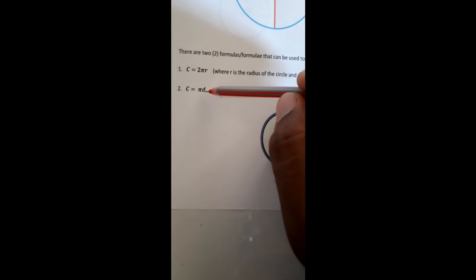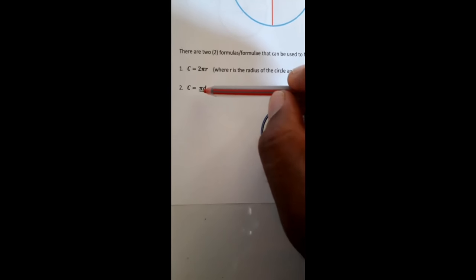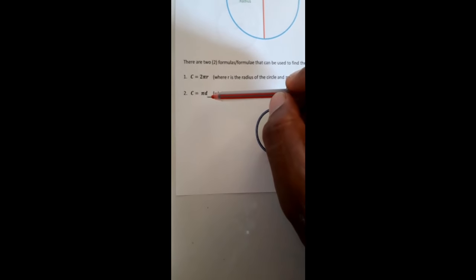These two radii equal the diameter, so that's why we just have pi d. Oftentimes persons make a common mistake, they have 2 pi d. So the formula is just pi d. Here's just a circle. Whichever formula we use, we have the same answer. And the outer part is known as the circumference.